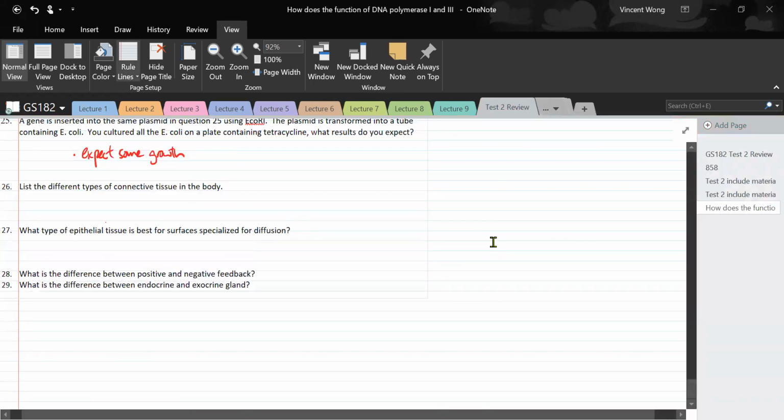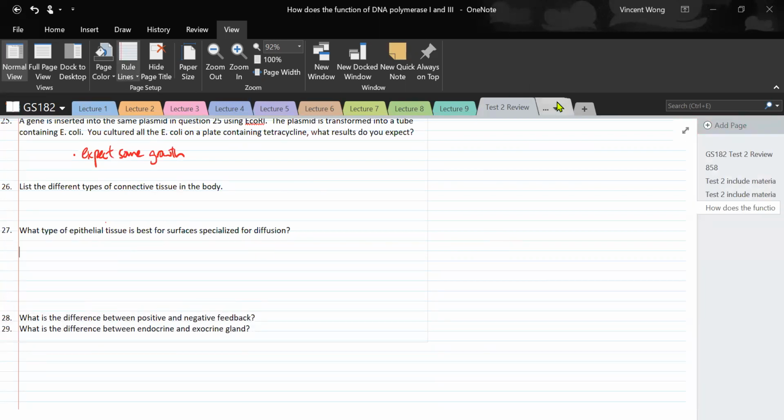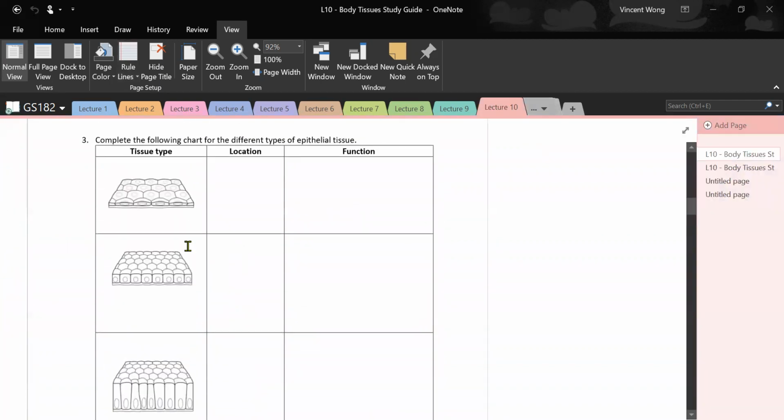What type of epithelial tissue is best for surfaces specialized for diffusion? There are different kinds of epithelial tissue. These are the common kinds. You have the simple squamous. These are flat cells, one single layer. Those are the best for diffusion. These are simple cuboidal.